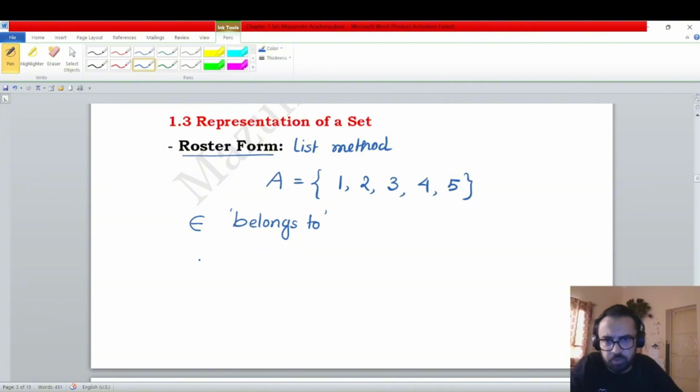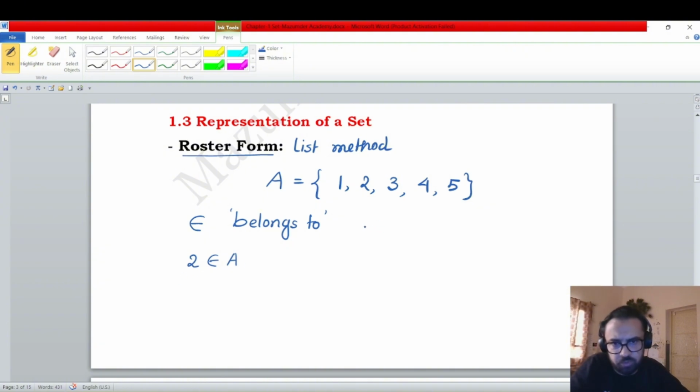Say for example, 2 is inside this set A, so I can write 2 belongs to A. Belongs to means whether it is present inside or not. 2 is present inside A, so I can write 2 belongs to A.